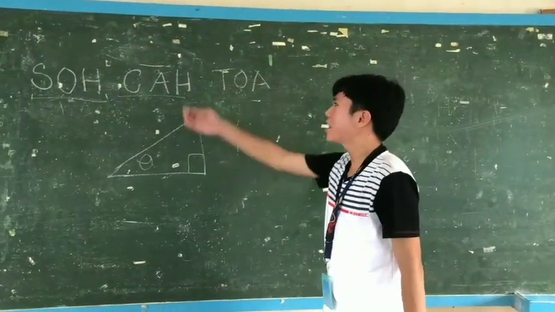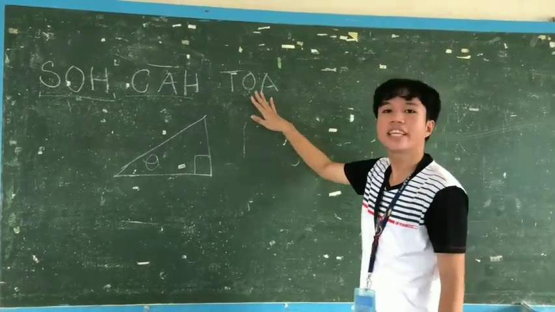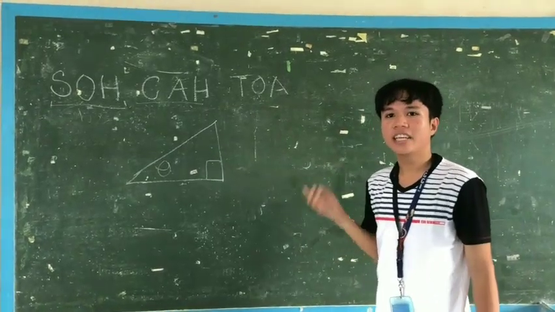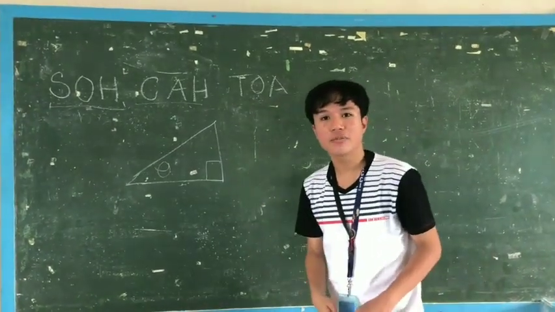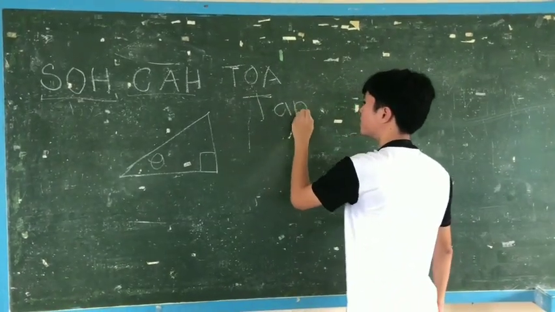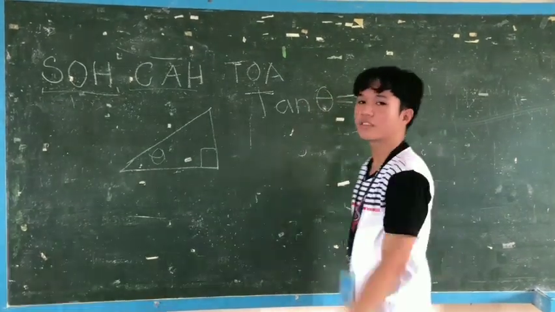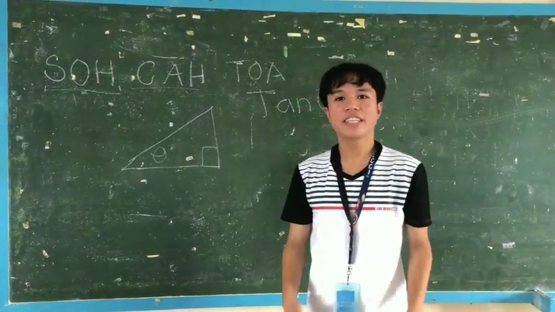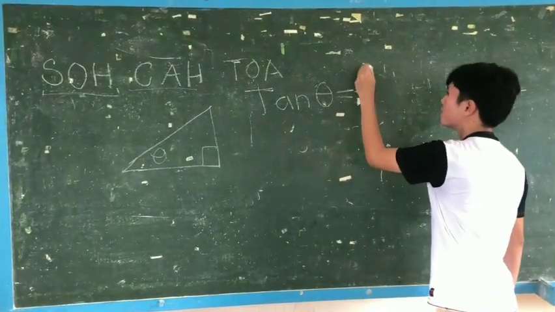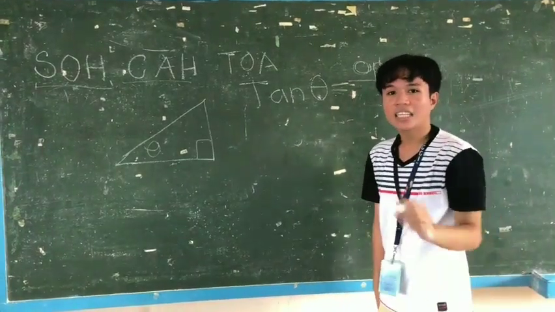So next we're going to tackle this expression. This is the tangent ratio. And this implies the tangent ratio, which is this, and it deals with the opposite and adjacent side.